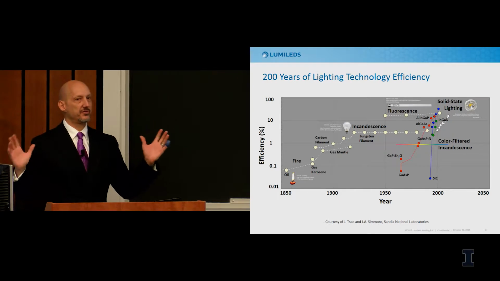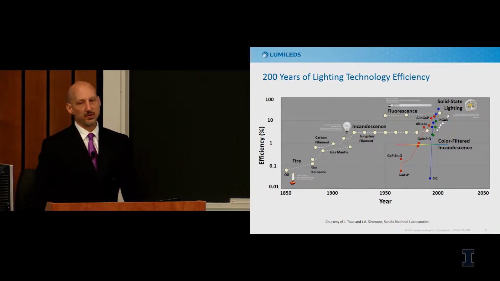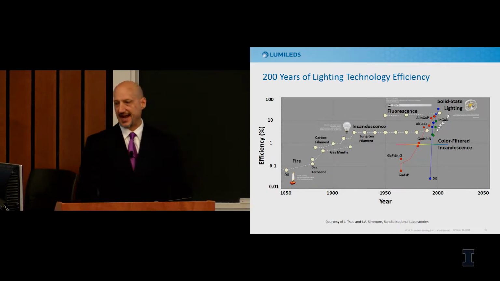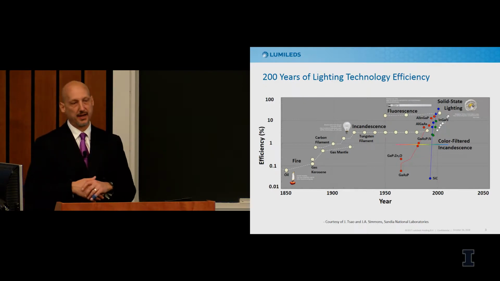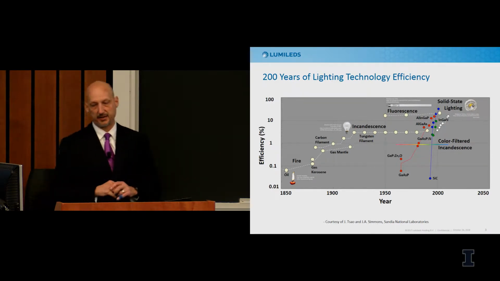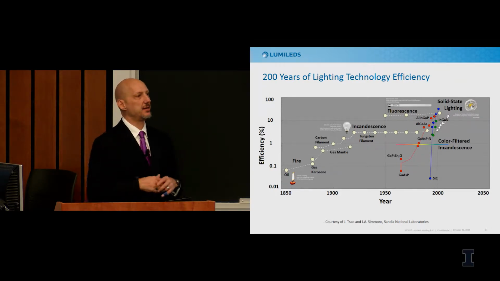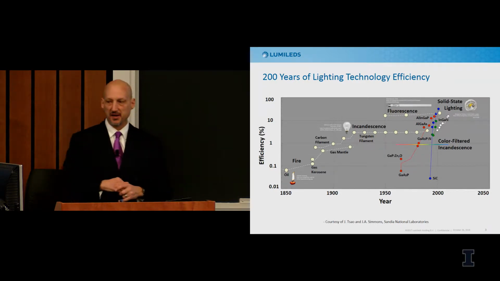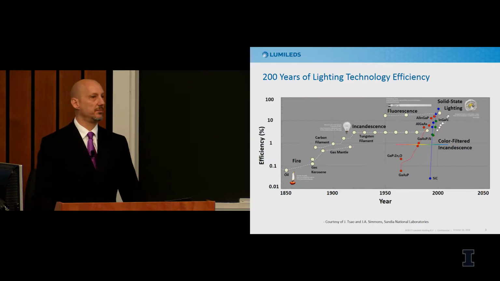And then there was this period of time in the 1800s where gas technology was used for lighting. And that provided a modest improvement in efficiency, but that was widely used for most of the 1800s.